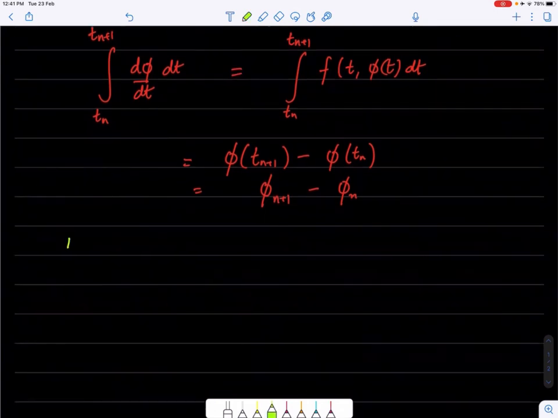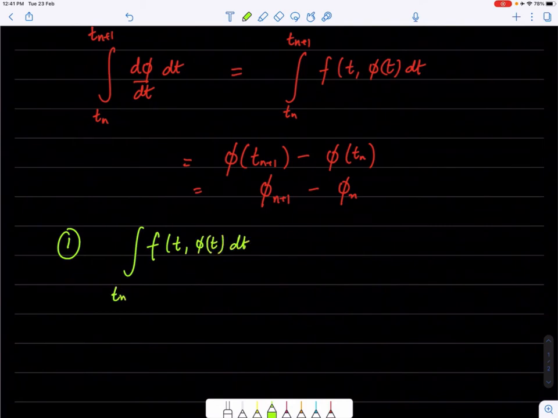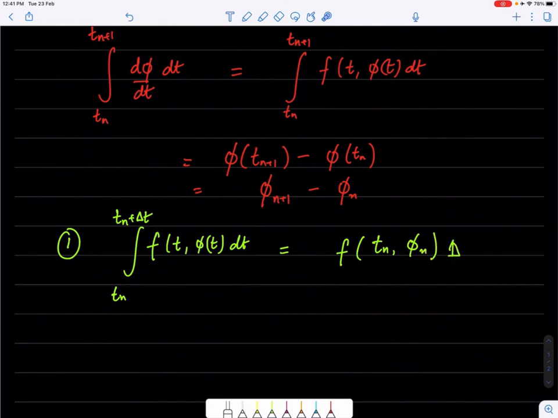Let's take the first quadrature, where I approximate the integral of f(t, phi(t)) dt between tn and tn plus delta t as the function evaluated at time tn with value phi n, times delta t.